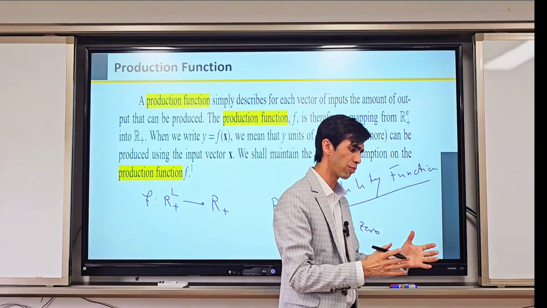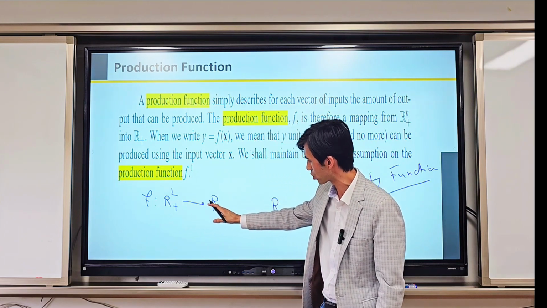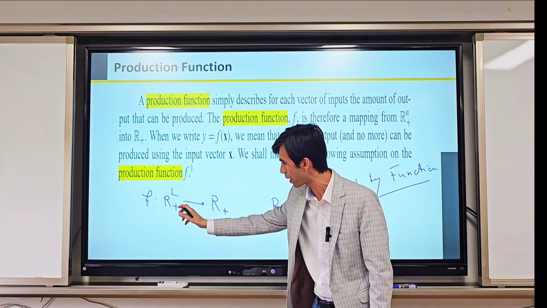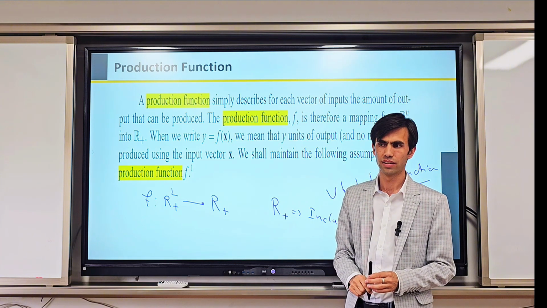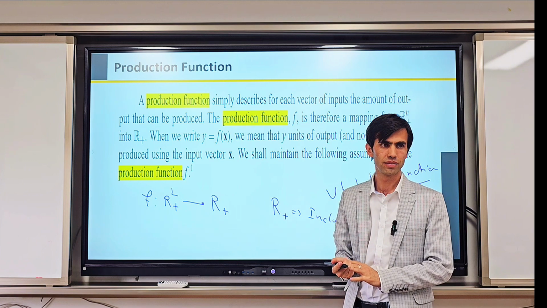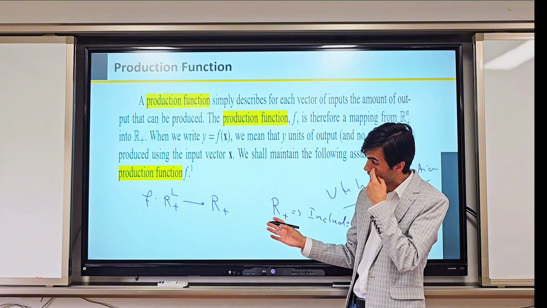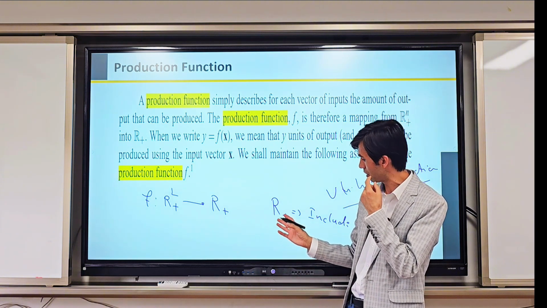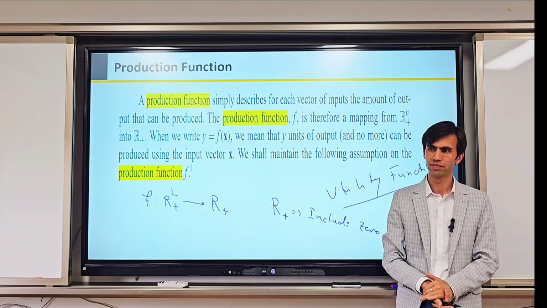When we are mapping our production function, we are mapping this function from R_+^L to R plus. Why not R plus plus? So when we include 0, it means it's possible to produce nothing.